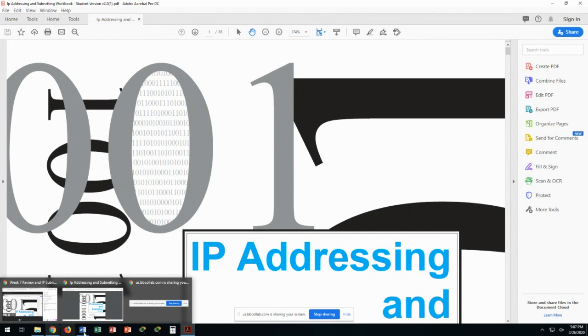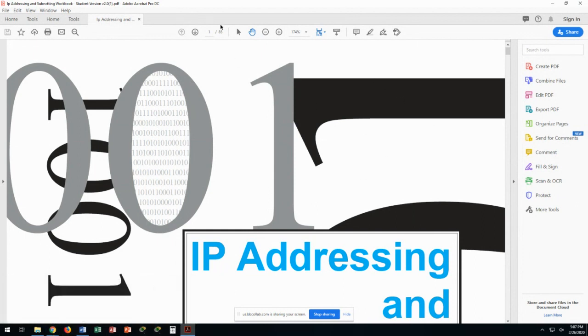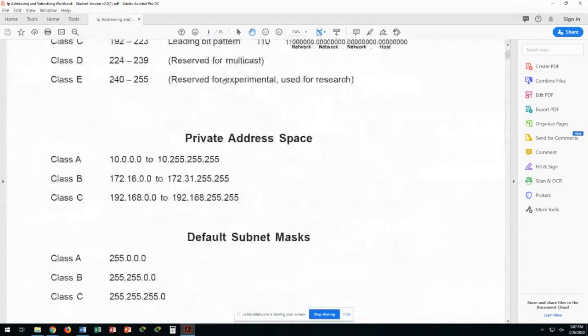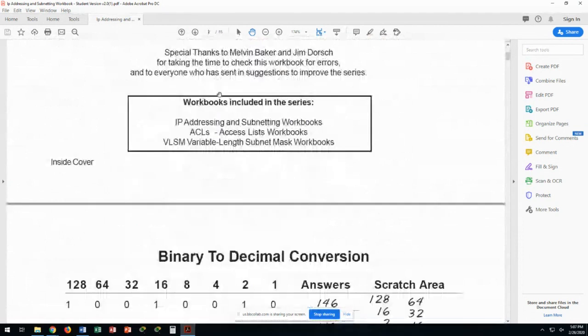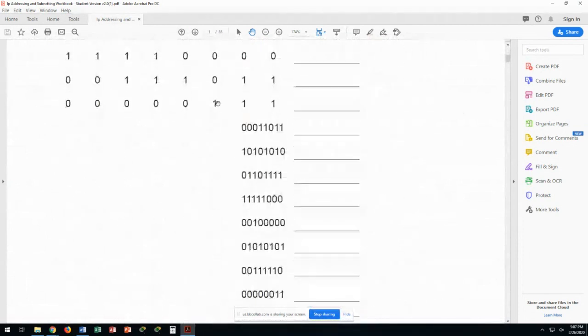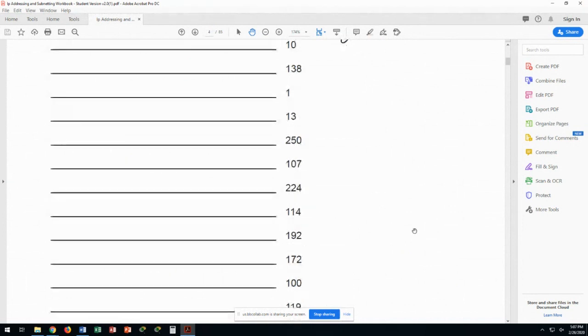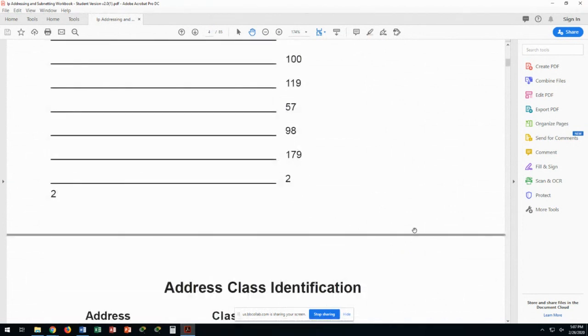Like I say, this first page doesn't count in the count, and the second page here doesn't count either. For whatever reason, the page number starts on this page, so you see page 1, then page 2.